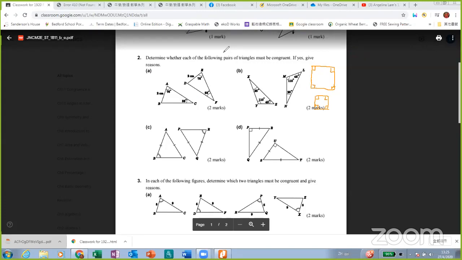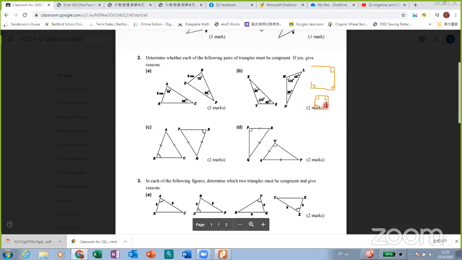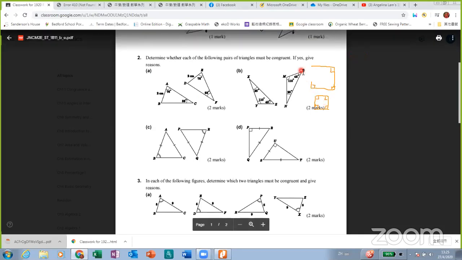These two figures have the same angles, but they are different sizes. Therefore, in this case, the two cannot be congruent.